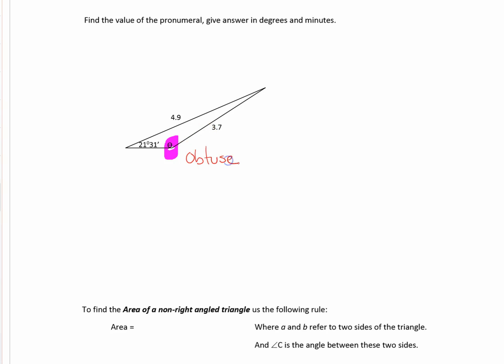That's going to be a problem if it involves sine, because remember, your calculator won't give you the obtuse angle, and we will be required to recall and use that sine of (180 minus theta), which will be your obtuse angle, is the same as the sine of theta. So the calculator will give me the acute angle, and I will need to do 180 minus it in order to get the obtuse angle.